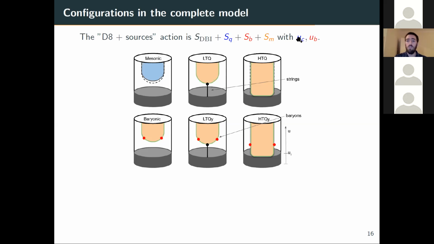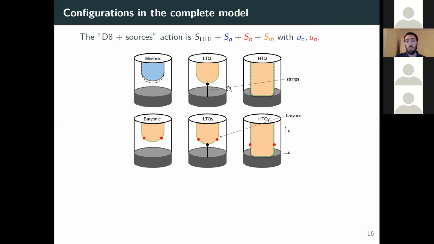And here the u_c and u_b are parameters which say at which point the cusp, the tip of the branes, is, and at which point the location of the baryons is, which are different or might be different. These are dynamical parameters, and when you solve the system, you find these 6 types of configurations.